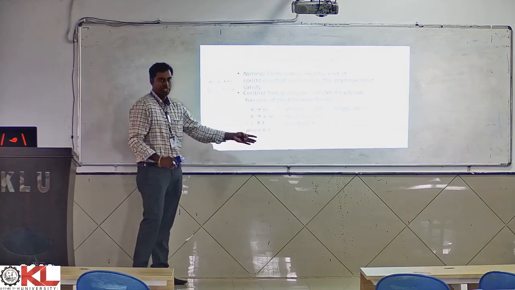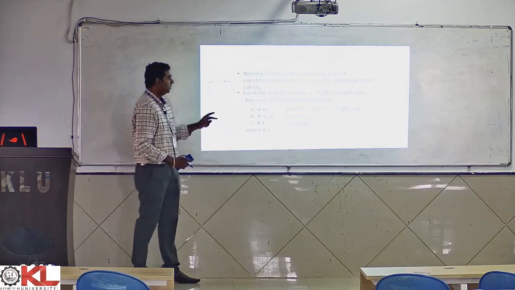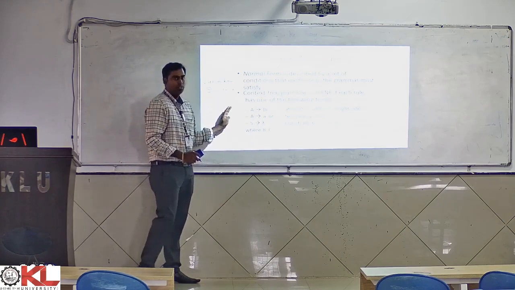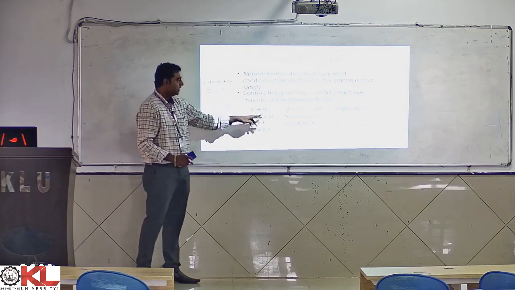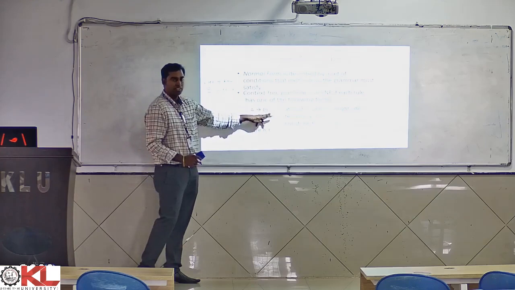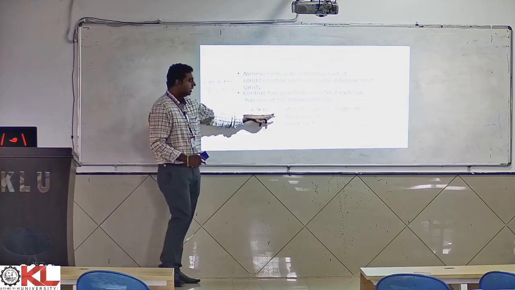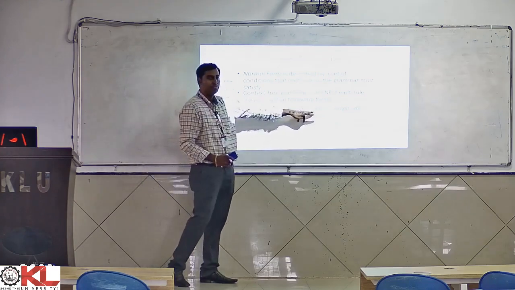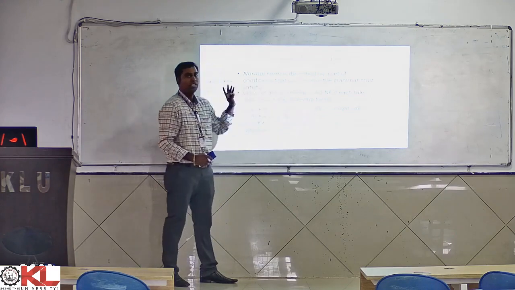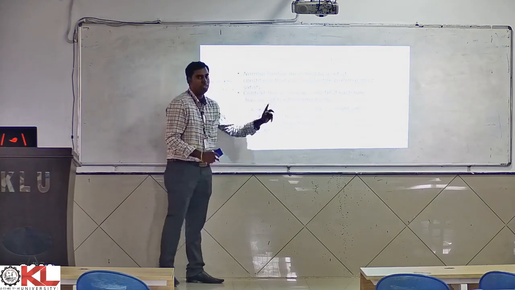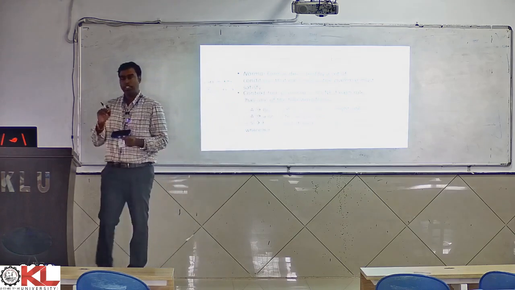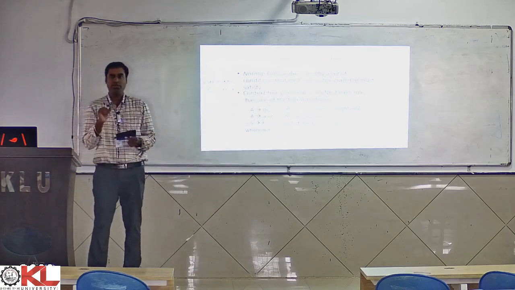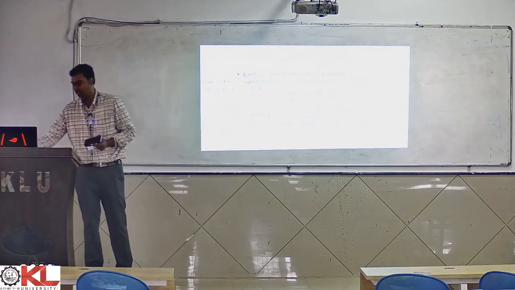So once again I will repeat. For Chomsky normal form, the condition is that the right side of the given rule must contain a maximum of two non-terminal words or it must contain a single terminal word. Then only can we say the particular set of rules belongs to Chomsky normal form.